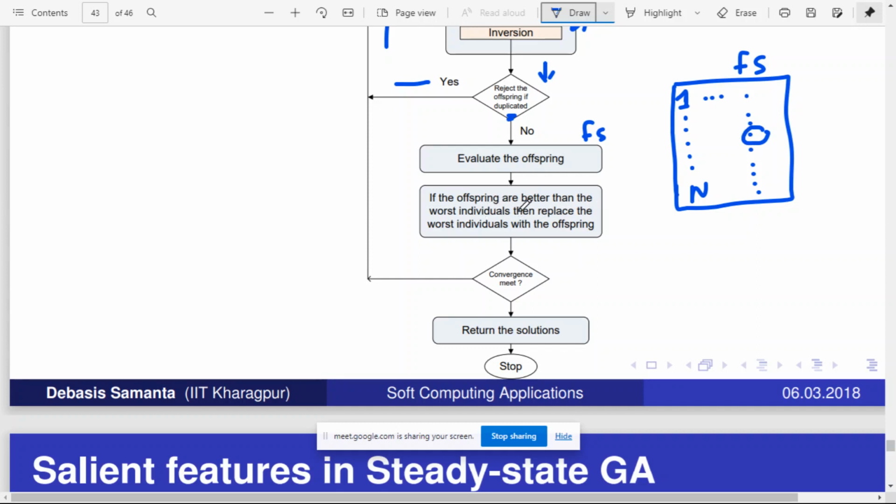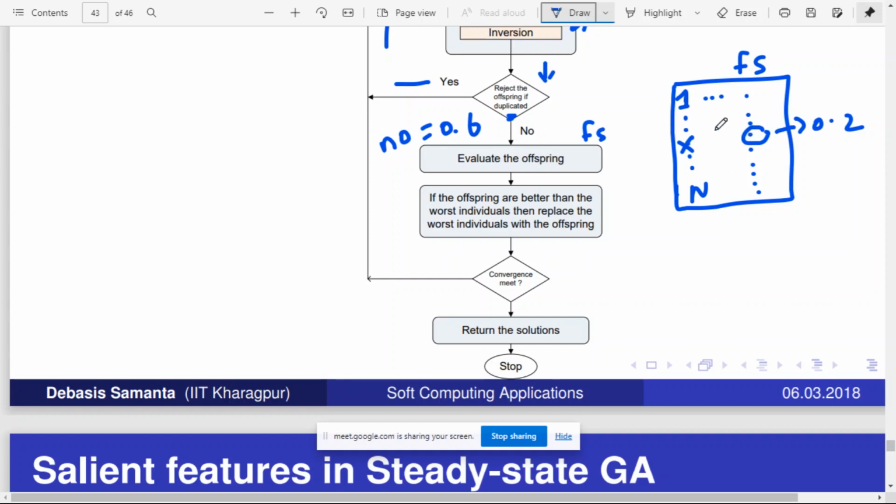If the offspring is better than the worst individual, so assume that there is an individual X. The fitness score of X, let us assume, is 0.2, but the fitness score of the new offspring that we created, let me call it NO, let us assume is 0.6.